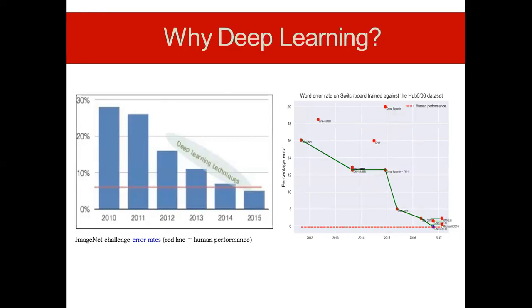The same phenomenon was observed in speech recognition. Around 2014, there was a significant improvement in speech recognition achieved by deep neural network models.